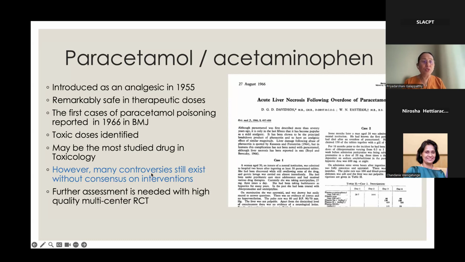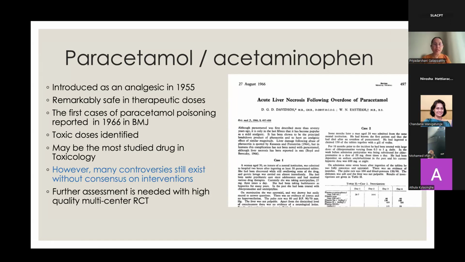And it could be actually the most studied drug in toxicology, according to publications. However, despite that, there are still many controversies that exist without consensus actually on interventions. And therefore, further assessment is needed with high quality multi-center RCTs, and some are still ongoing.